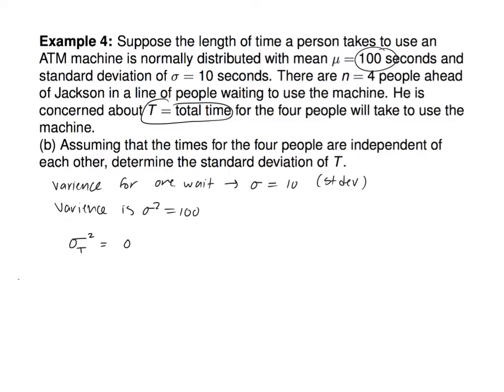And that's going to be your variance for your first wait, your variance for your second wait, your variance for your third, and your variance for your fourth. I just put 1, 2, 3, 4 on those little sigmas to say it's your first wait, second wait, third wait, fourth wait. But they're all the same thing. What are they all? 100. So this adds up to 400.